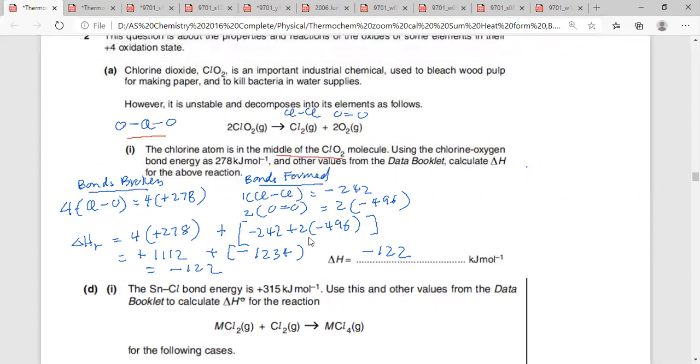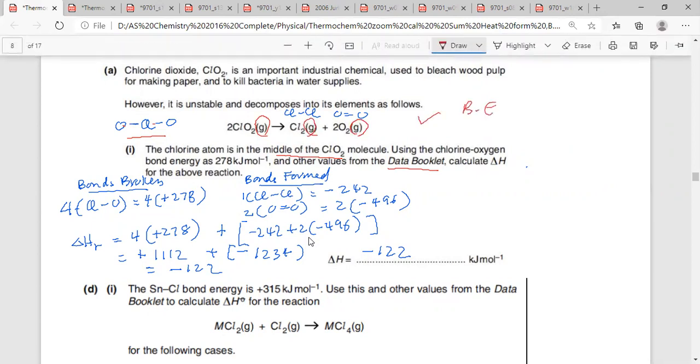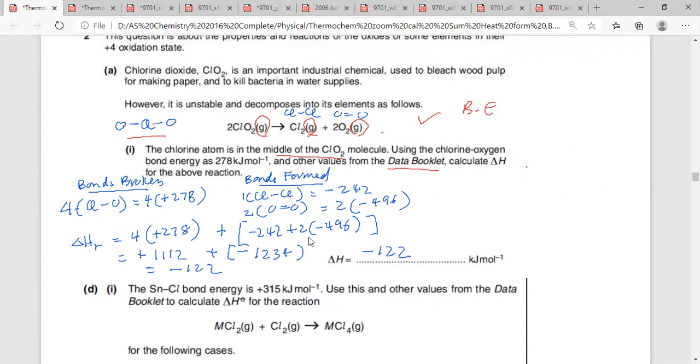So chlorine-oxygen bond is 278, so forth. The other things are in the data booklet, which means bond energy as well. Why? Because all of them are covalent now. To use covalent bond energy, all must be gas. It's the first thing about it. Remember, not gaseous state at standard room temperature and pressure, cannot. That one is for heat of atomization.